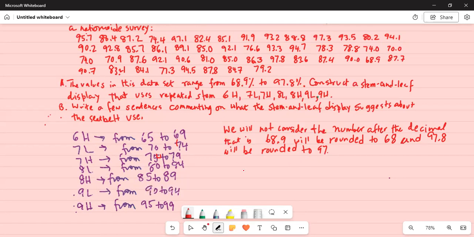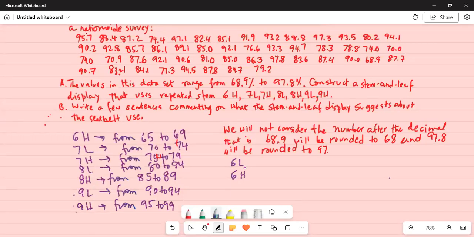Okay, so let's do 6 low. So 6 low from 65 to 69. Let's look for numbers between 65 and 69. There is nothing. Okay, so 6 high. Why is there nothing in 6 low? Because it starts from 68.9 as stated in the problem statement.